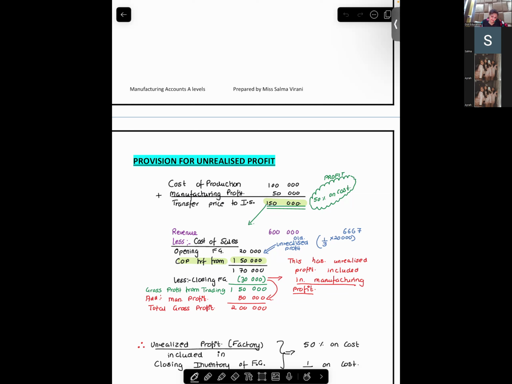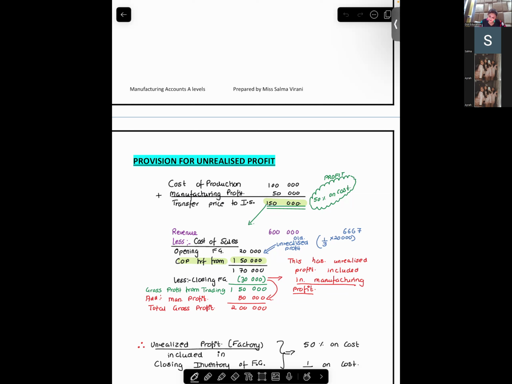In the opening inventory, also, you might have manufacturing profit. Because this has also been transferred from the manufacturing account to your income statement. So, this also includes manufacturing profit. Can I just reverse this situation?